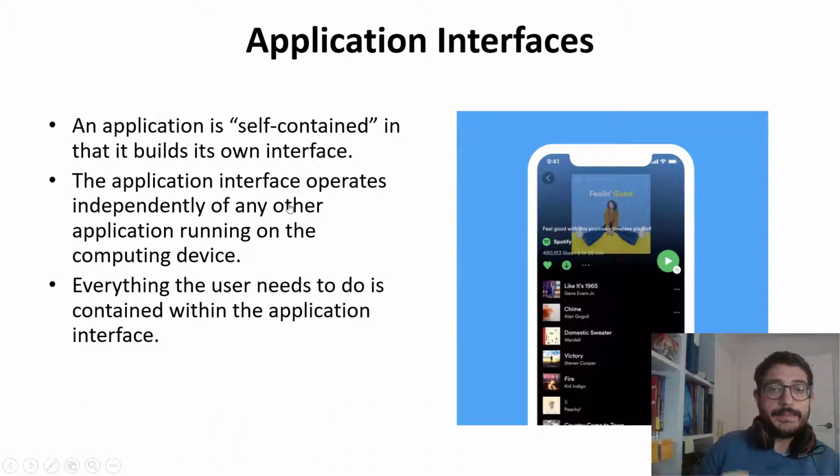In this case, we say that our application is self-contained and it has its own interface. And everything that the user needs to do is contained within that application interface. This application interface allows the user to interact with the application, and the final outcome is to play music.